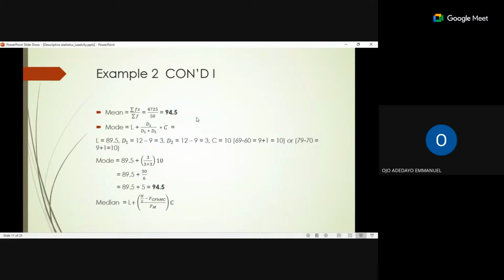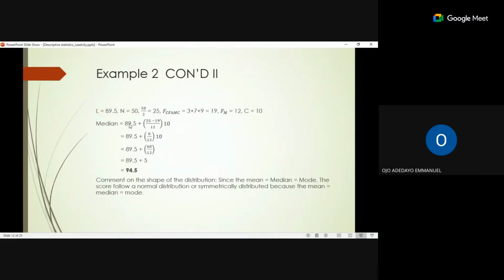So by the time we get that, we substitute it into our formula. Look at this now. Our L is 89.5. Our N is 50. Then N over 2 is 25. Cumulative frequency before the median class, 3 plus 7 plus 9, we have 19. The frequency of the median class, we have 12. Then the class width is 10.